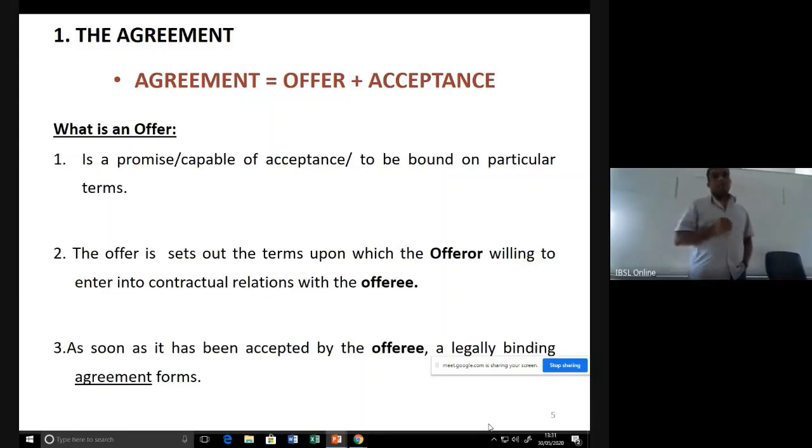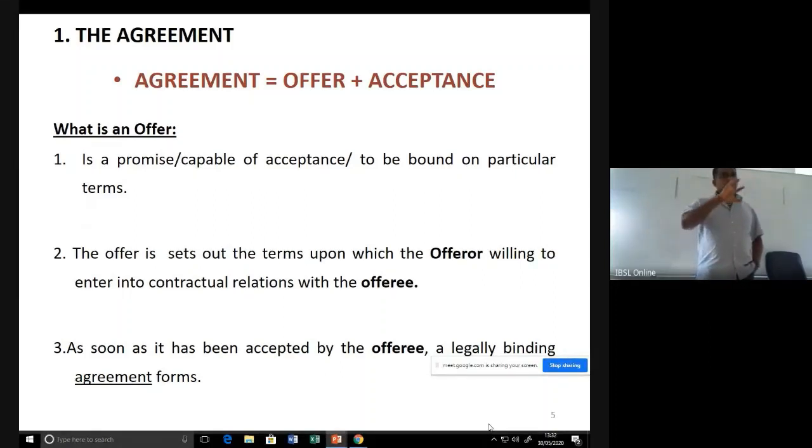Now we'll take them one by one. What is an offer? In Sinhala we call it arpanaya, offer. One party makes an offer. Offer is a promise capable of acceptance to be bound on particular terms. The person who makes the offer, we call him the offeror. He makes a promise.